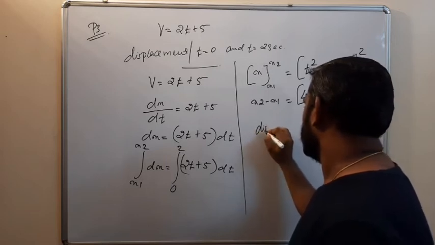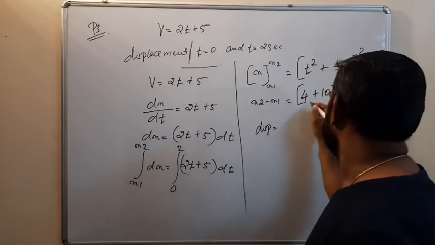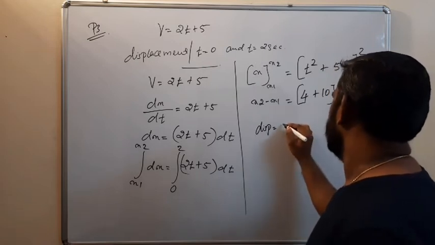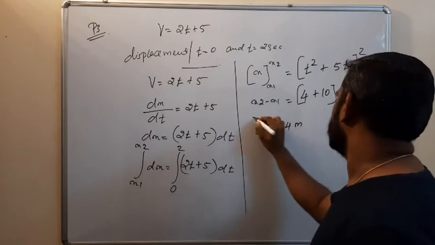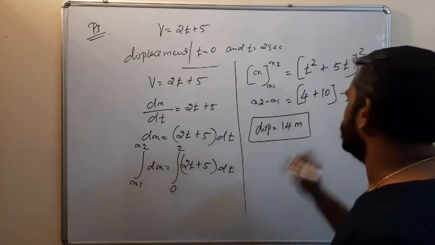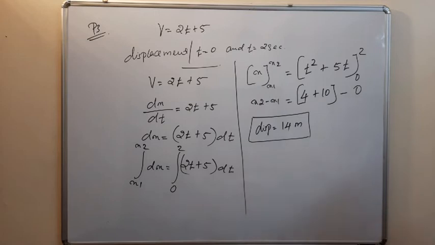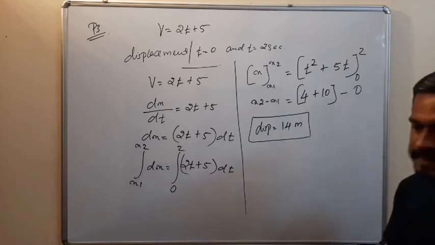So displacement is equal to 4 plus 10, that is 14 meter. 14 meter, that is the answer.